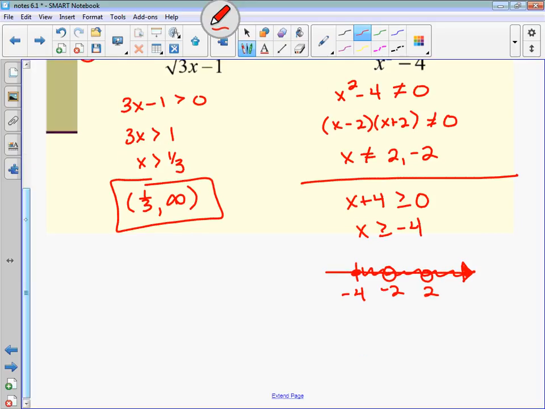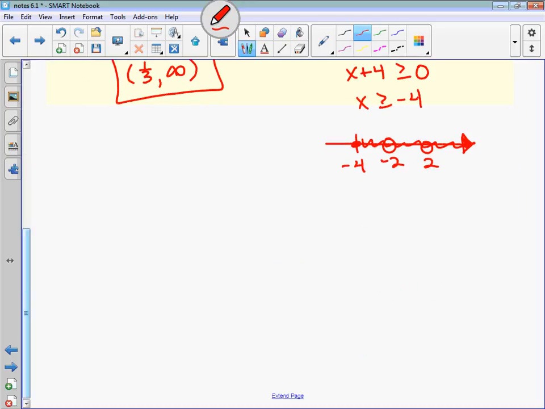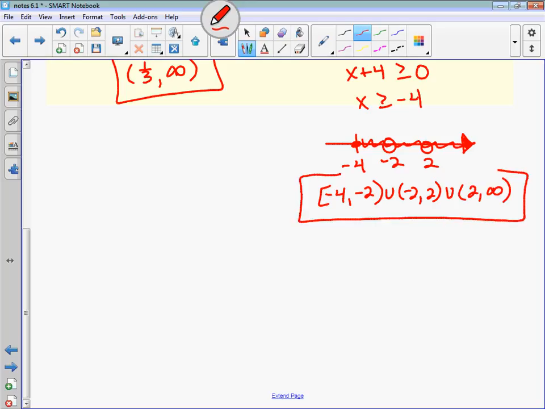So if you are actually writing this in interval notation, do you see how it has 3 pieces? You're going to have 3 pieces to your answer. It's going to be bracket -4 to -2 parentheses, -2 to 2 parentheses, and then 2 to infinity.